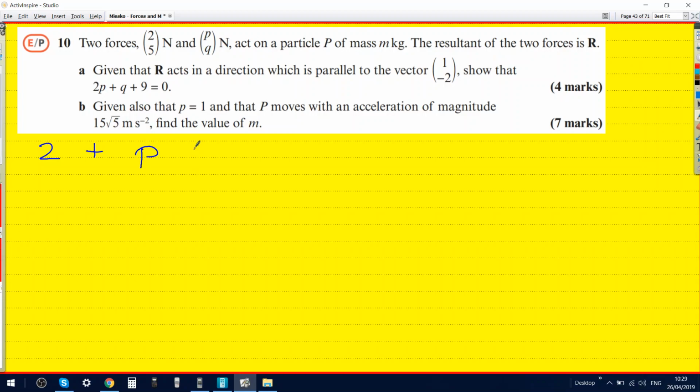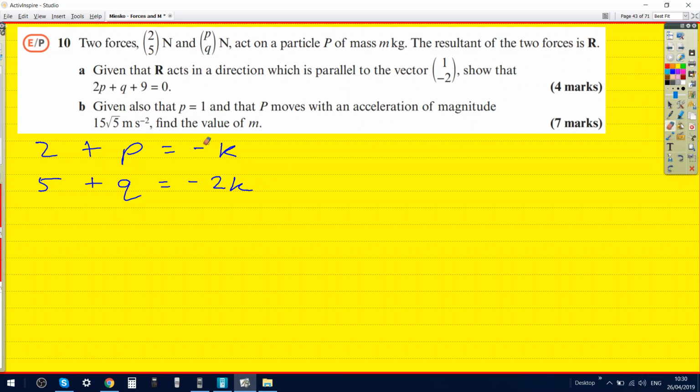Okay, yeah. So 2 plus p equals minus k. And then 5 plus q equals minus 2k. Oh no, so 2 plus p equals k, not minus k. Yeah, yeah.